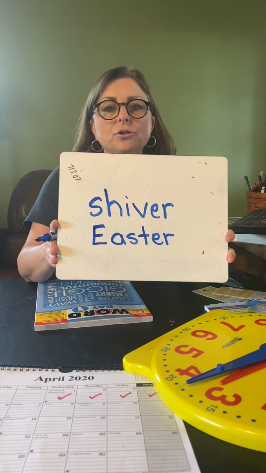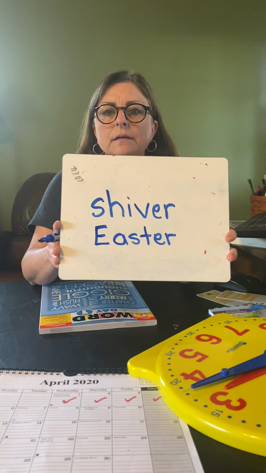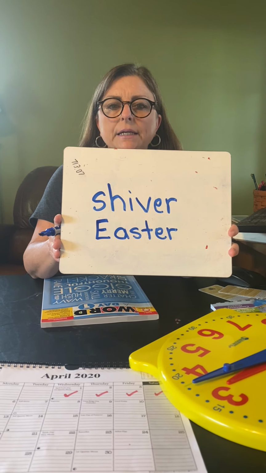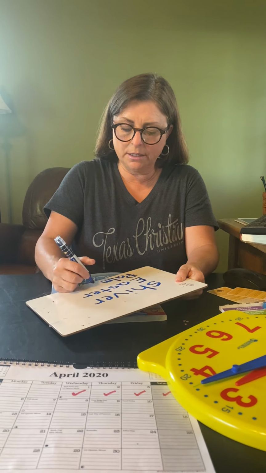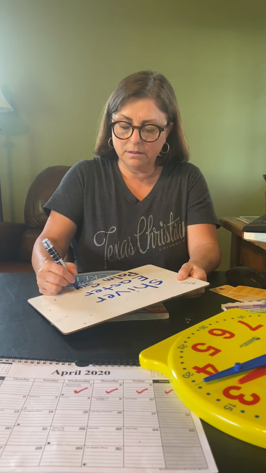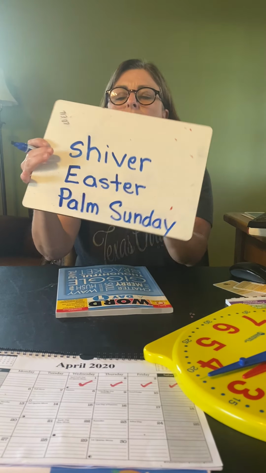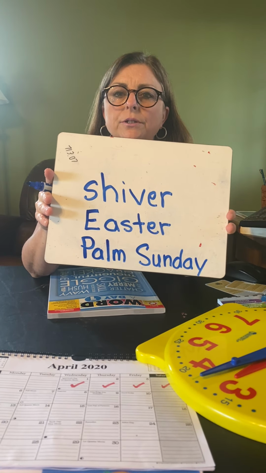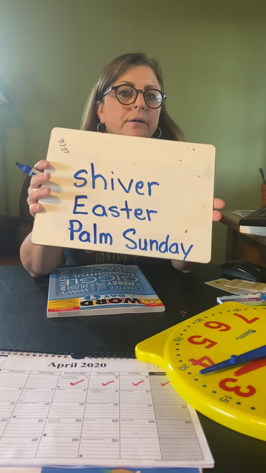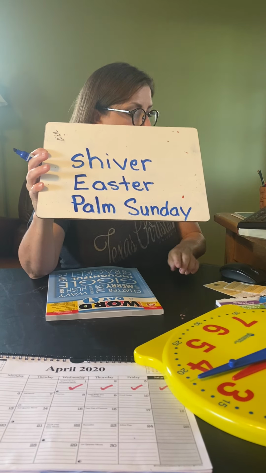The other's actually 2 words, Palm Sunday. So turn to the letter P, and you're going to add palm, P-A-L-M. And then I hope you know how to spell the word Sunday, but I'm going to put it on here for you. And both of those words begin with a capital letter. Palm Sunday.